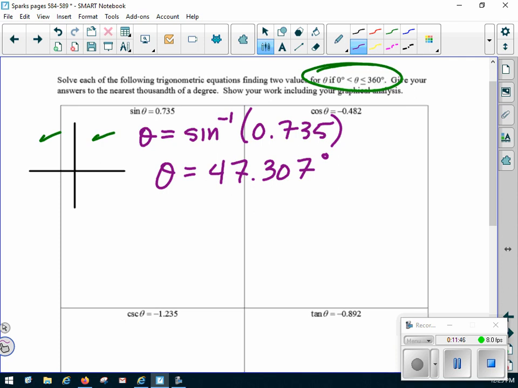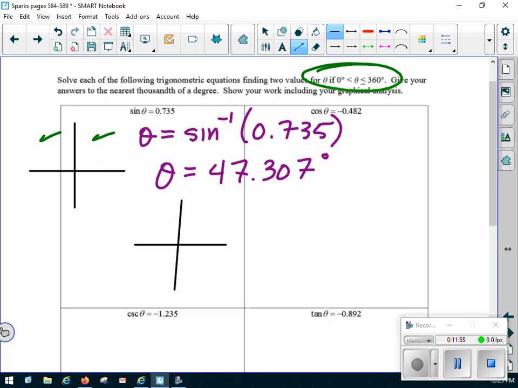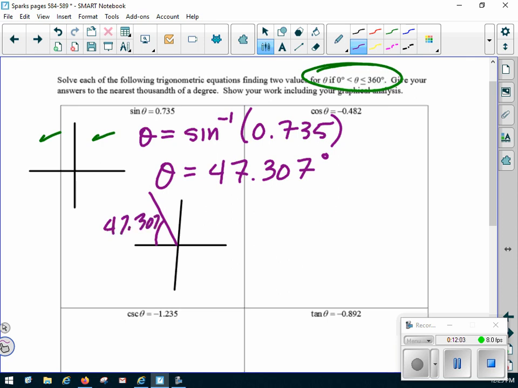How do I find the angle in quadrant 2? Because you are thinking, what is my reference angle in quadrant 2? That 47.307. And I'm needing this angle right here.